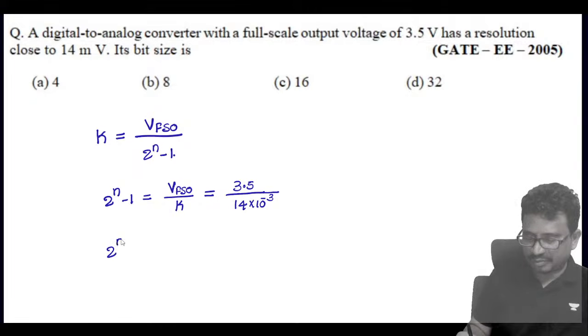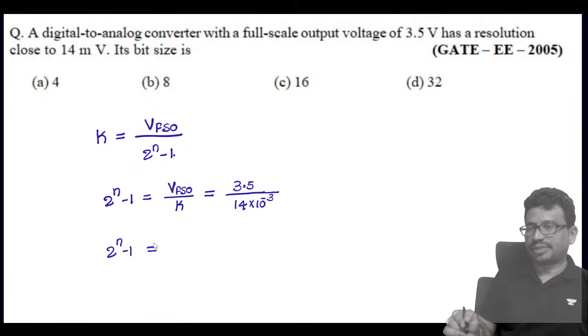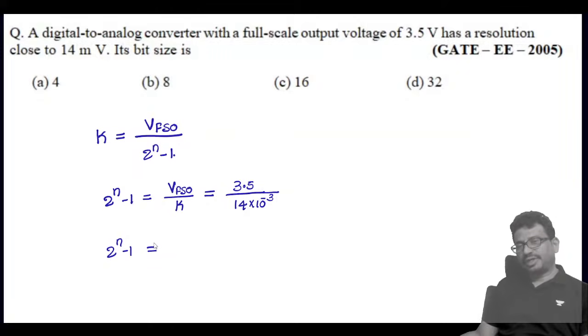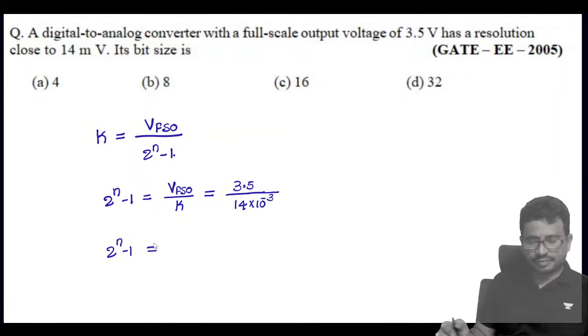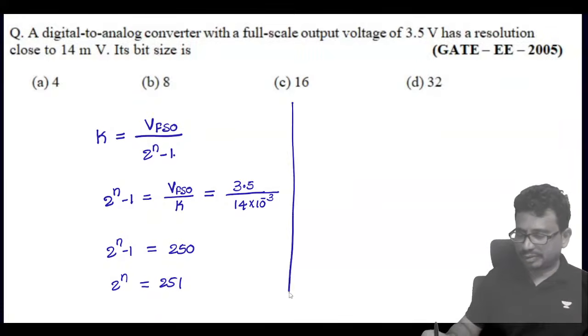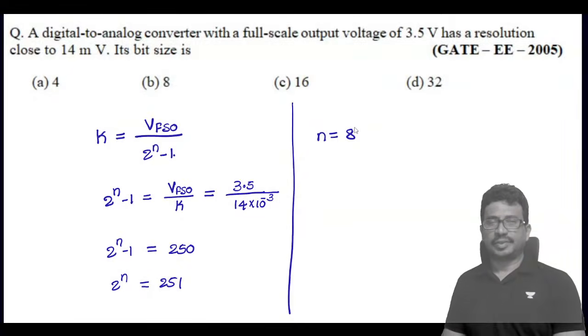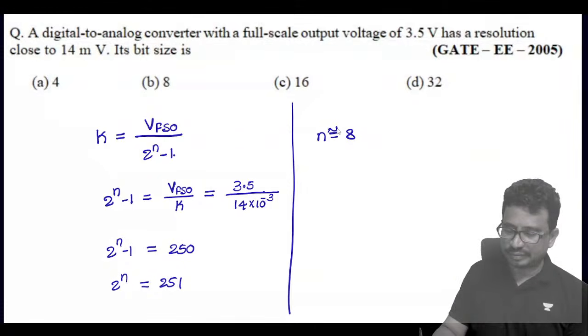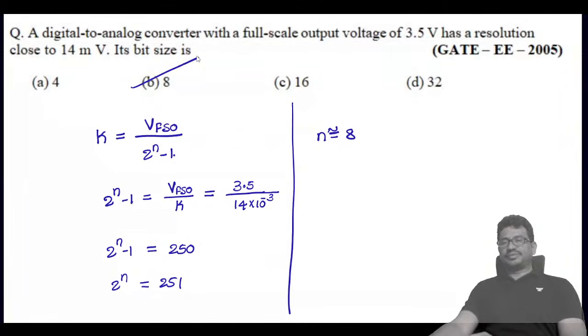Simplify, how much will 2 power n minus 1 come? This value will come to be 250. So 2 power n minus 1 is 250, I can say 2 power n is 251, which is close to 256. So we can say n is 2 power 8. Nearly 2 power 8, number of bits close to 256.